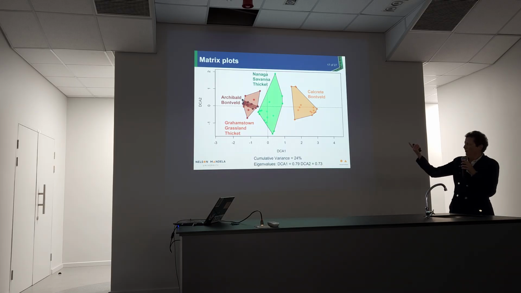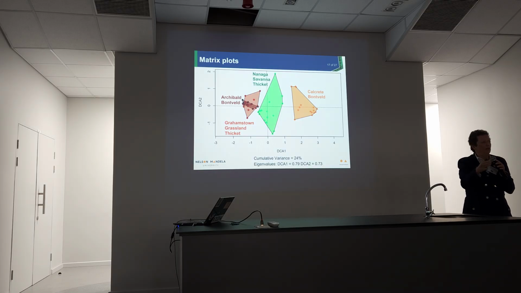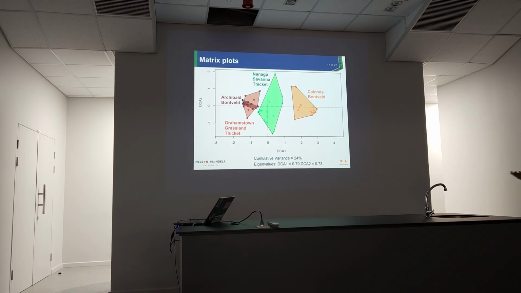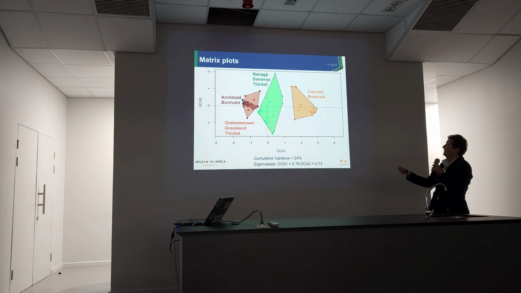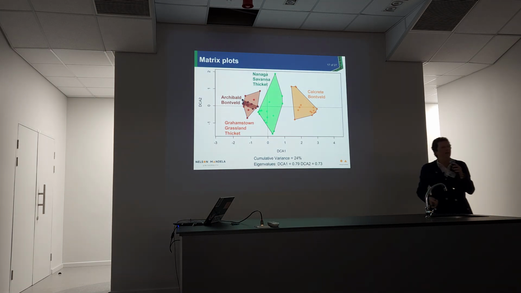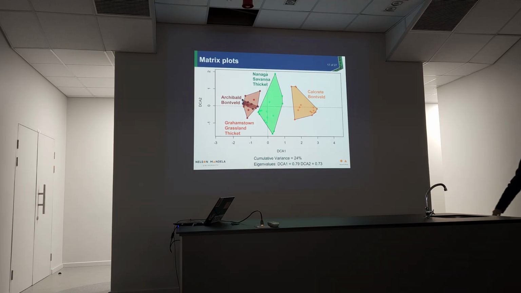The Archibald Bontveld, which remember is right next to the Calcrete Bontveld, I showed you the aerial image of that, sits right on top of the ordination space for the Grahamstown Grassland Thicket. A bit surprising. And then the Savanna part of the Savanna Thicket sits between them.